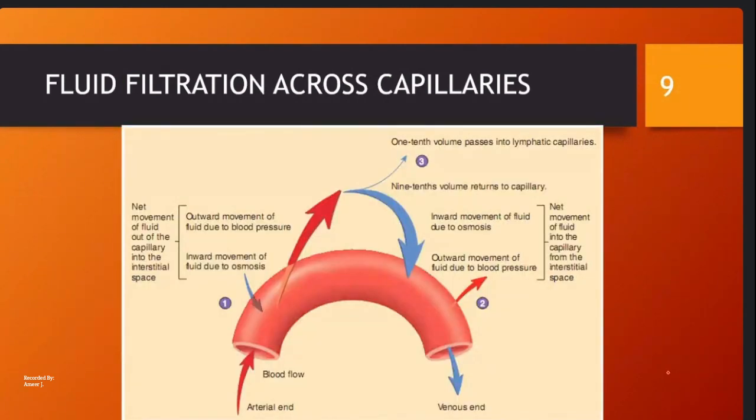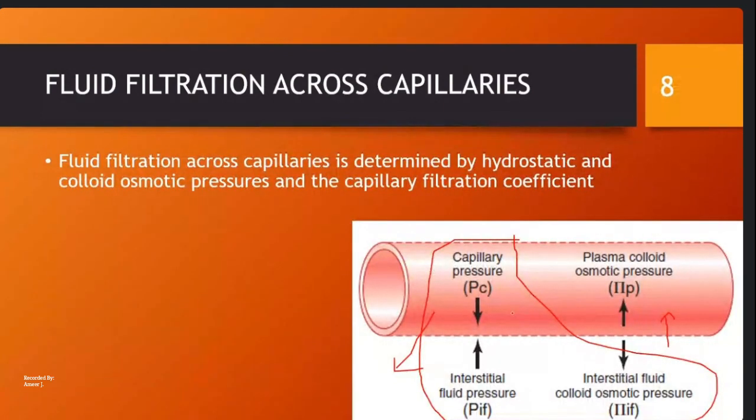You are seeing this figure. In this figure, you see that at the arterial end, the blood flow enters the artery, and it has a higher level of pressure. And because the pressure is high, this factor is very high.